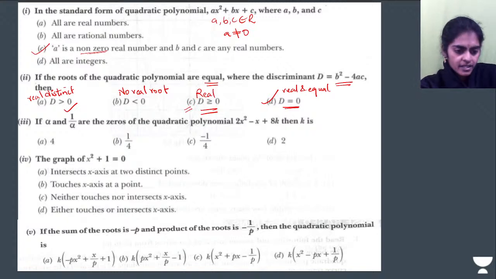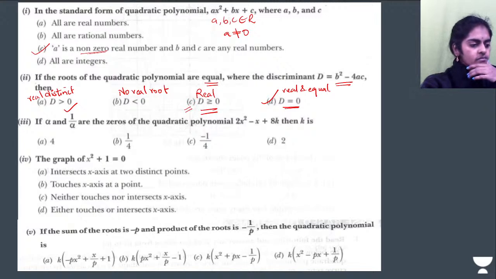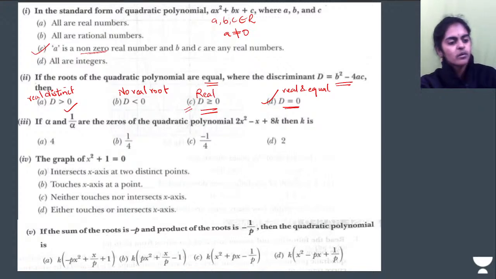What's your answer, people? Acha. If alpha and 1 by alpha are the zeros of a quadratic polynomial, then k is what?